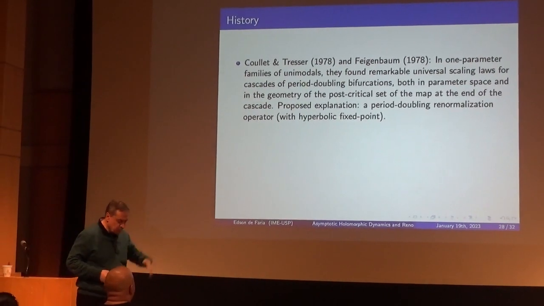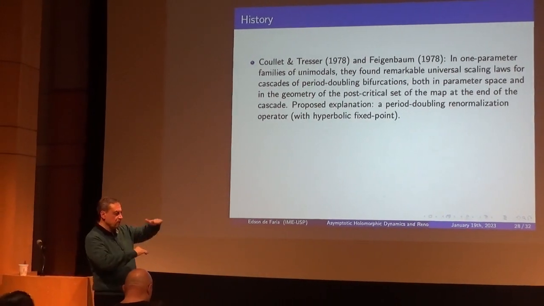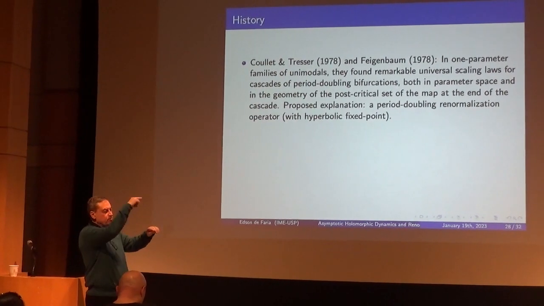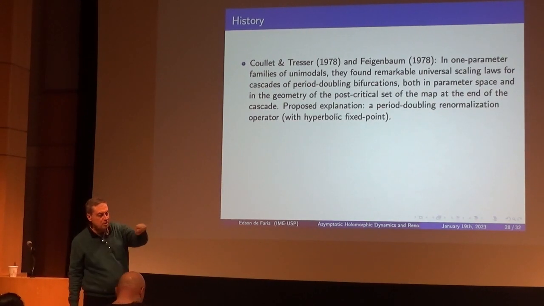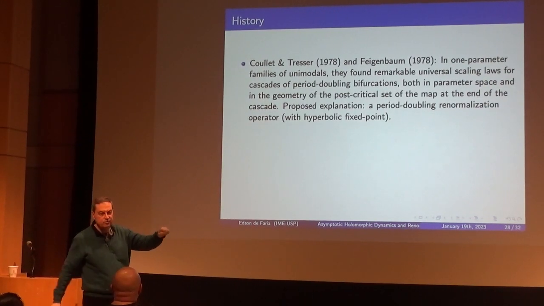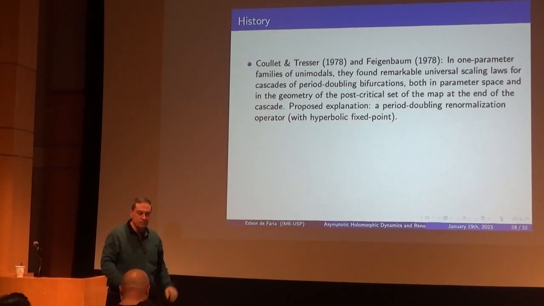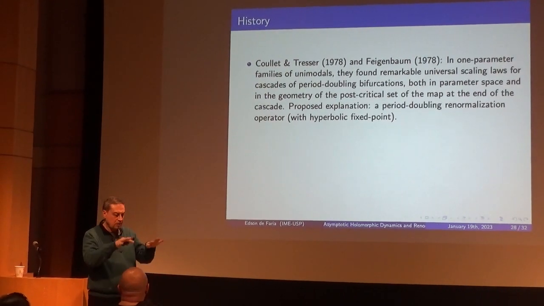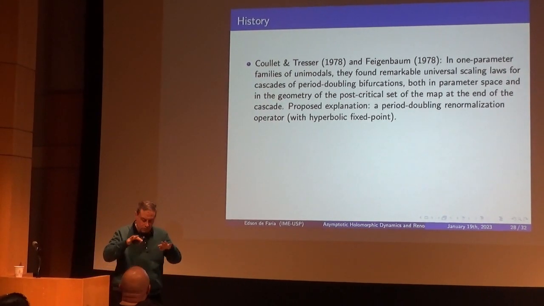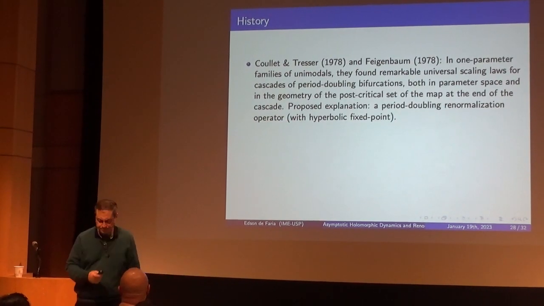In the paper by Collet and Tresser, they also examined the structure of the map at the end of this cascade of period doubling bifurcations. You get a map that has the property that the critical point is no longer periodic, it's recurrent on a Cantor set, which is exactly the situation I was telling you about here. They examined the structure of this Cantor set, and they saw that the ratios, as you go down, also become universal.